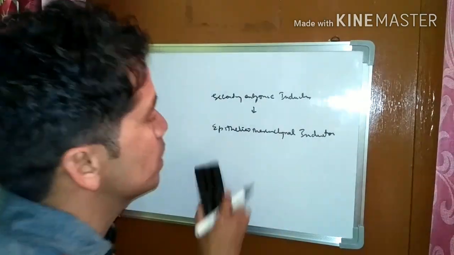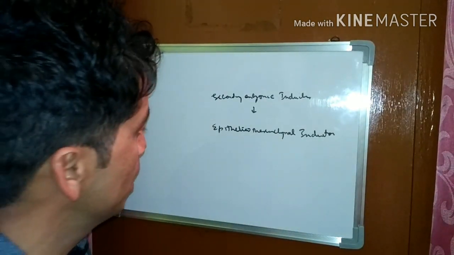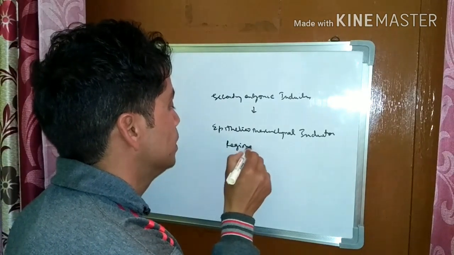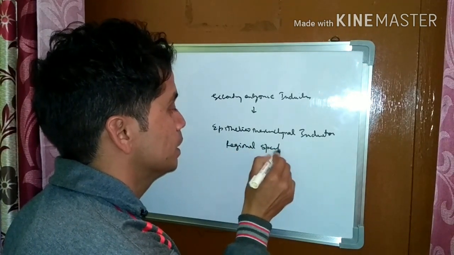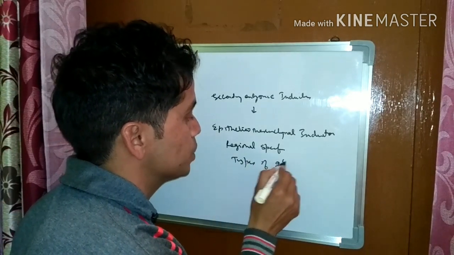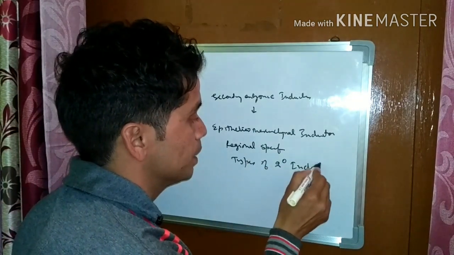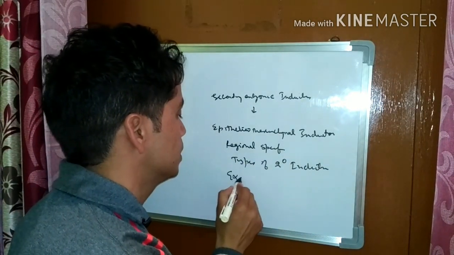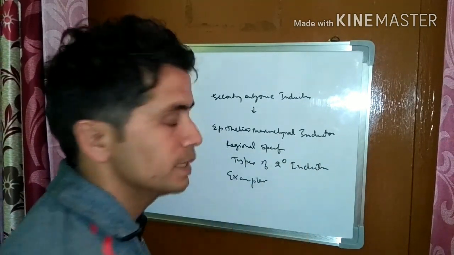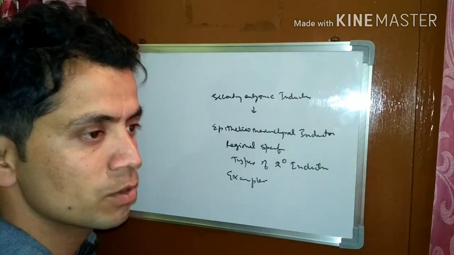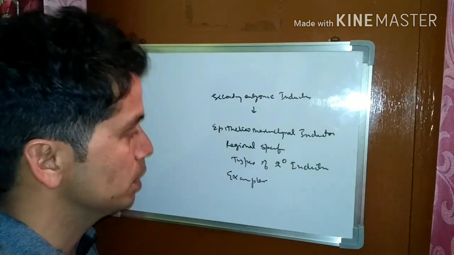Also here come regional specificity and types of secondary induction, and there are many examples: ectodermal-mesodermal induction, ectodermal-endodermal induction.